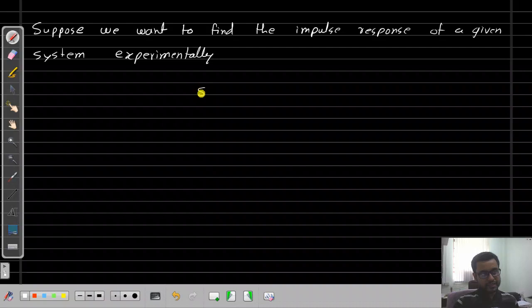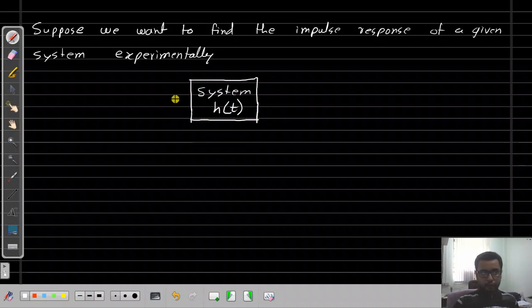So if this is the system given to us and we want to find the impulse response, call it ht, we will have to do an experiment.